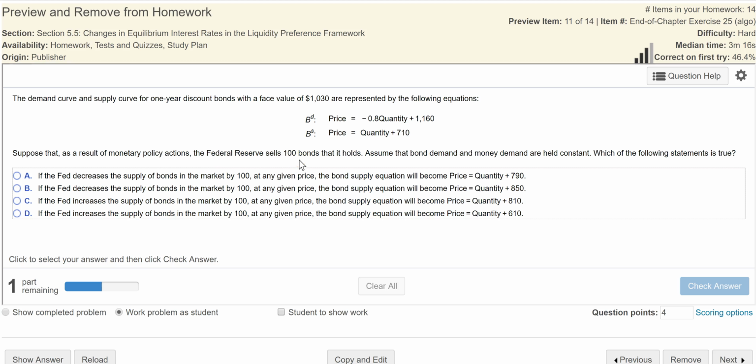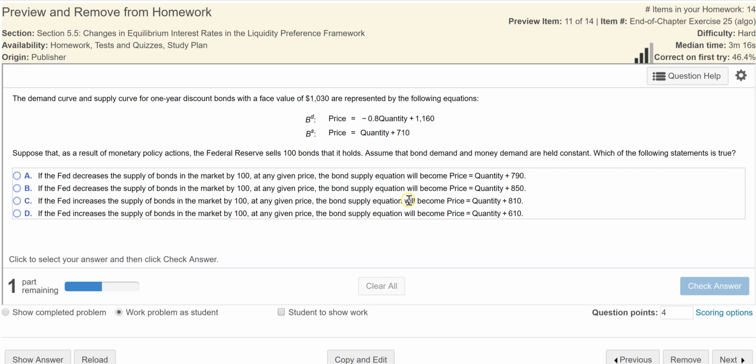When the Federal Reserve sells the bonds in the market, that means the supply of the bonds should increase by that amount. So that immediately rules out A and B, because A and B say the Fed decreases the supply, but they should increase the supply by 100. Both C and D meet that requirement.